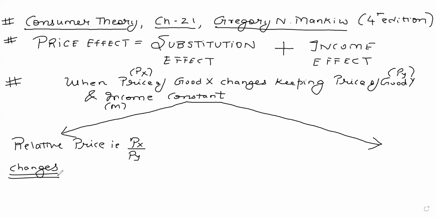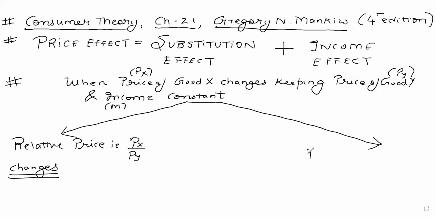Relative to good Y, price of good X has become cheaper. So consumers would want to buy more of it and less of good Y. Similarly, if price of good X rises, good X becomes more expensive relative to good Y. So consumers would now be willing to buy less of good X.